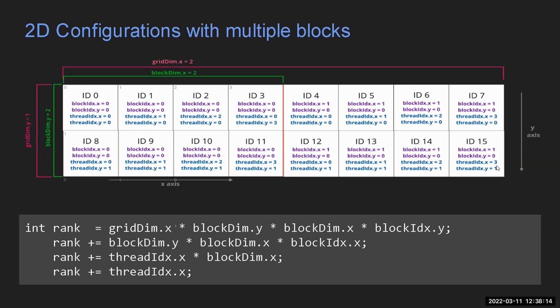Because the other time we had in each block, for example, if we had ID 15, there was thread ID X and Y. Did we consider the block ID before, so 1 before and 0? We did. So we didn't have the Y direction, but we did consider the X index here.